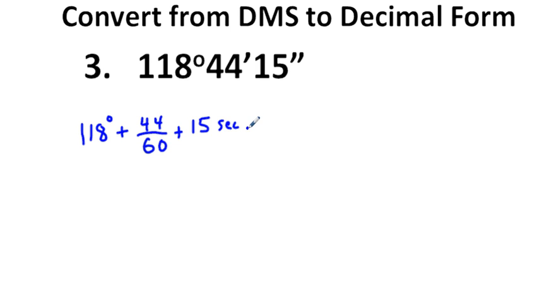So we can multiply this by, we need to cancel seconds, so we put 3,600 seconds in the denominator and 1 degree on top.